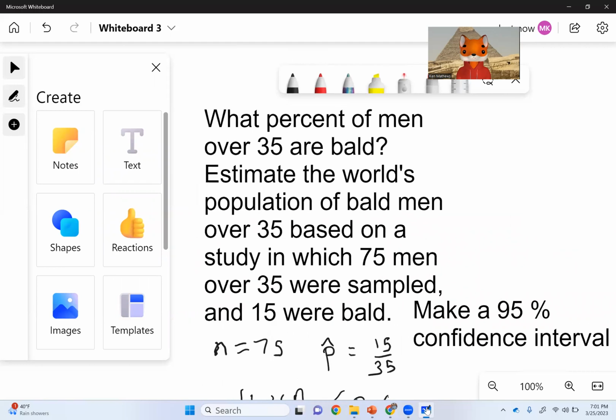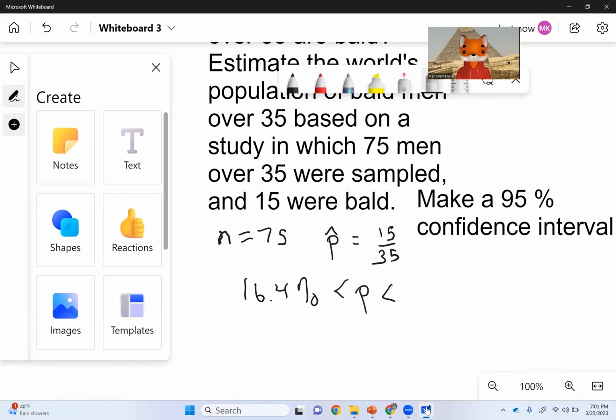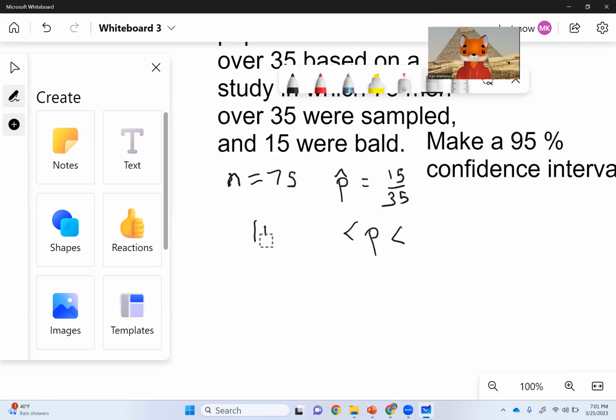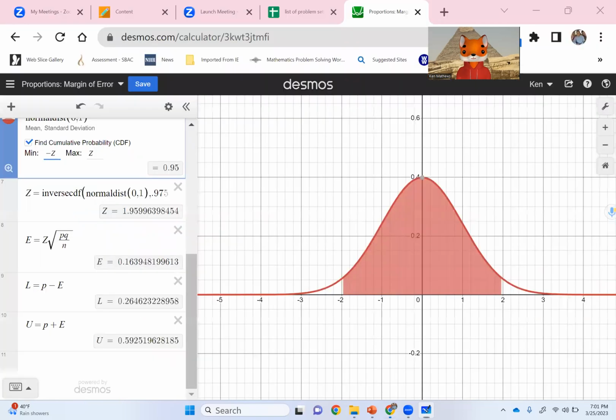Oh, there it is. So it's 24.5% is less than P, which is less than 59.3%. So that's a pretty wide range.